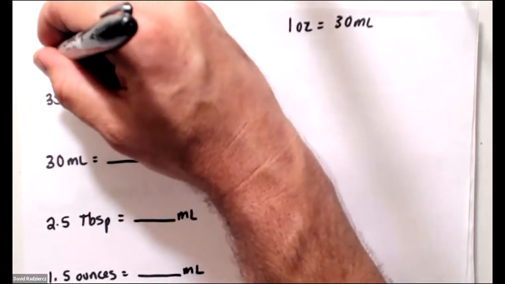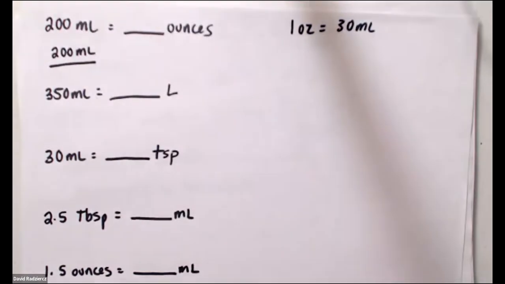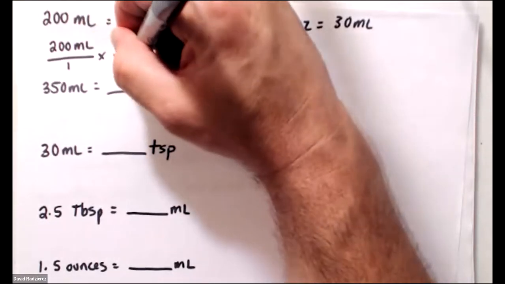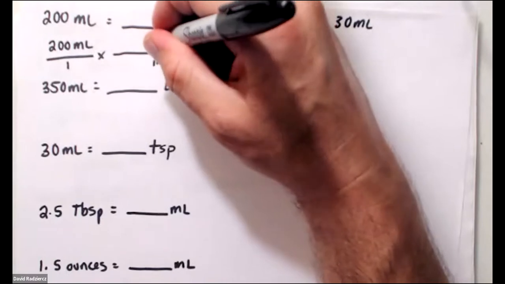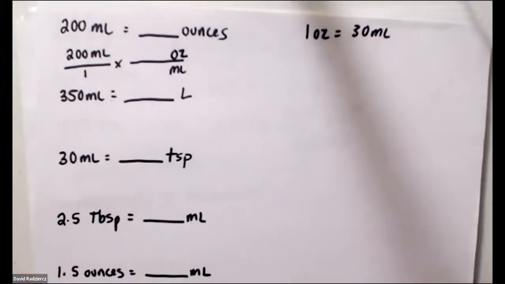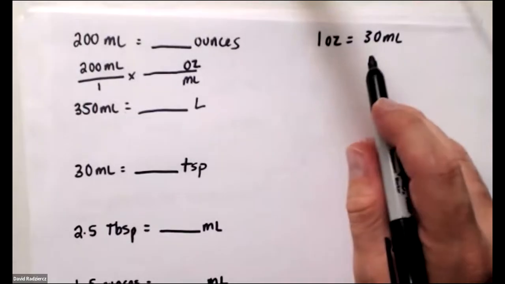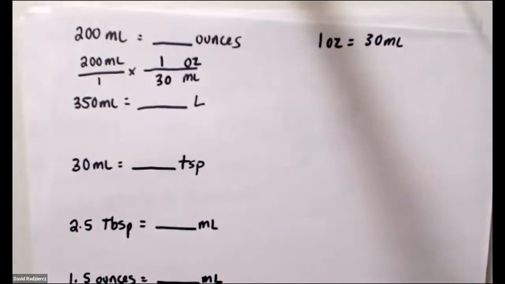So the way I would set this up using dimensional analysis is I would take my 200 milliliters over 1. And then I would do this to do the conversion. So I'd have 200 milliliters over ounces. I look at my conversion, 1 ounce, 30 milliliters. So now you know you're going to be dividing.